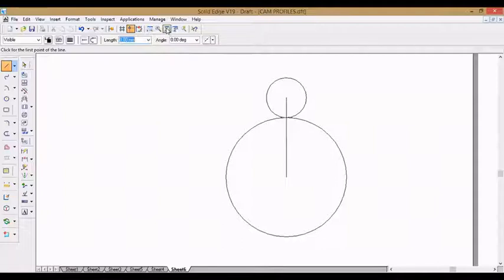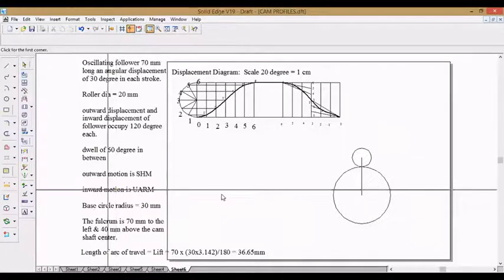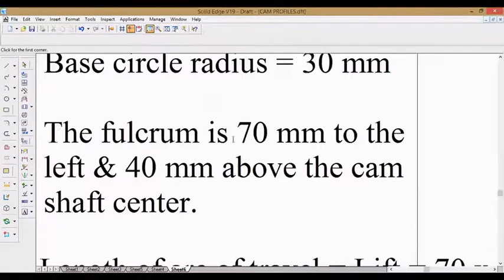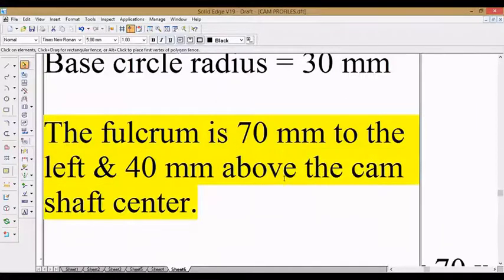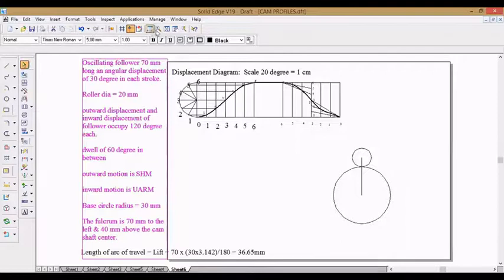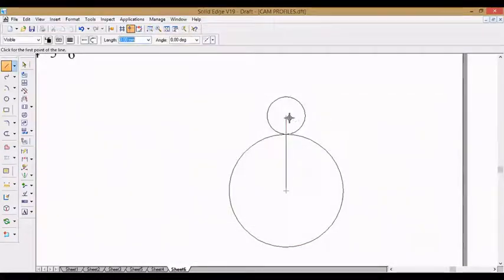So now you read the another point. The data for the oscillating follower: the fulcrum is 70 mm to the left and 40 mm above the camshaft. So from this center, I'll take 70 mm left, one line.